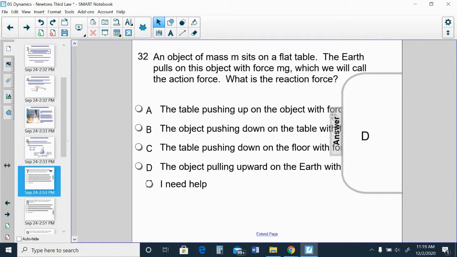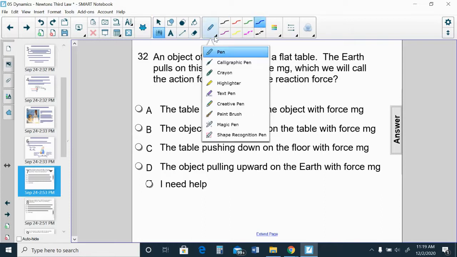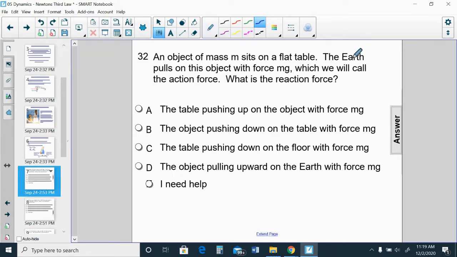The correct answer is D. So remember, we have two different objects here. We have the Earth and we have the object on the table. So the action force is the Earth pulling on the object.